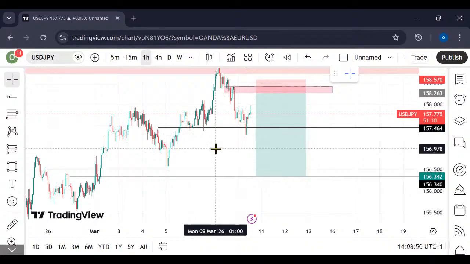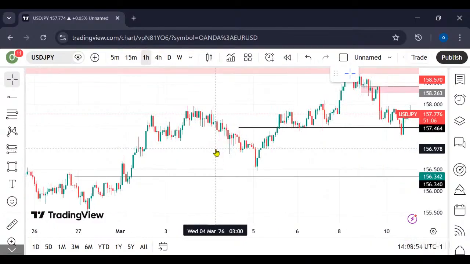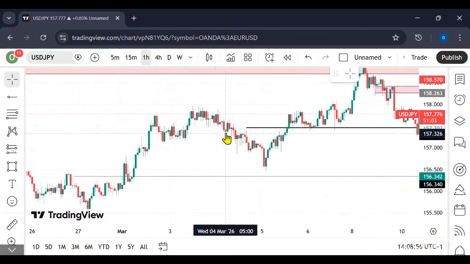Now the reason why I say that, I want you to pay attention. This candle that is here, tell me what is the name of this candle? Let me try and navigate it.